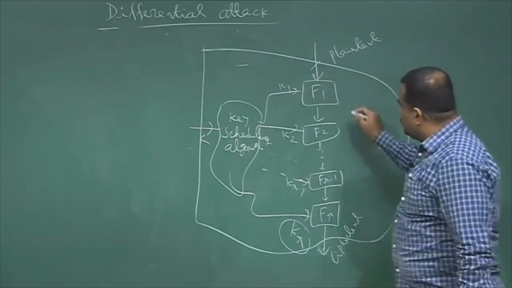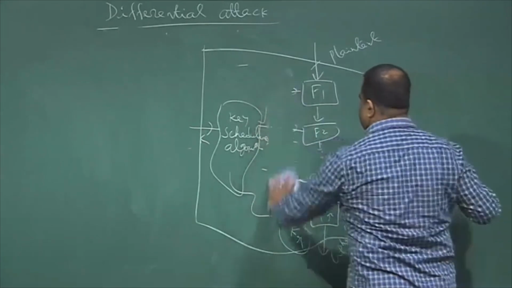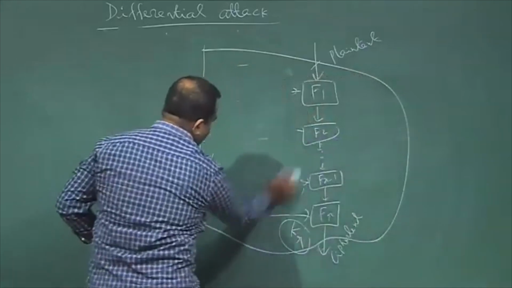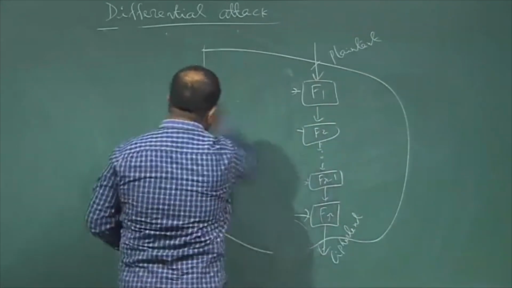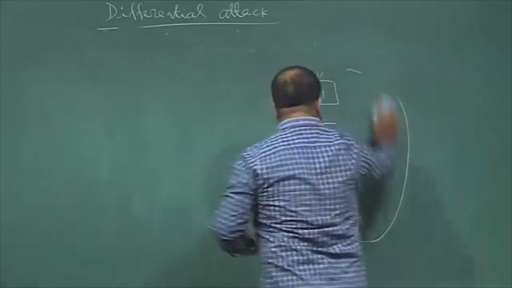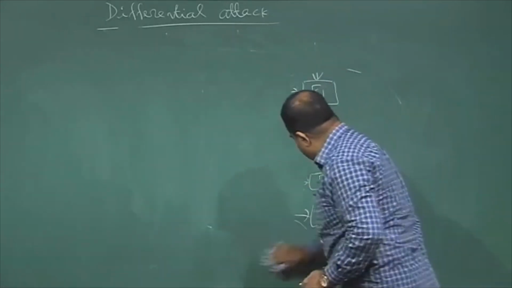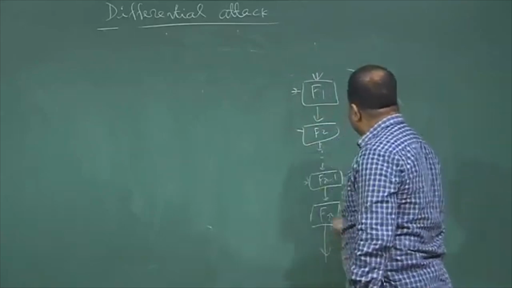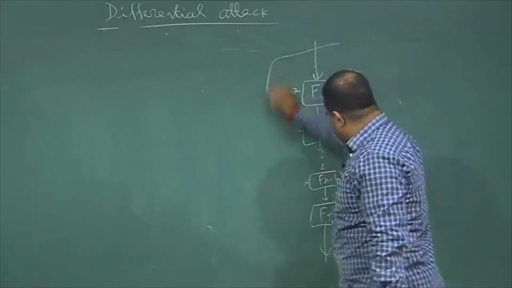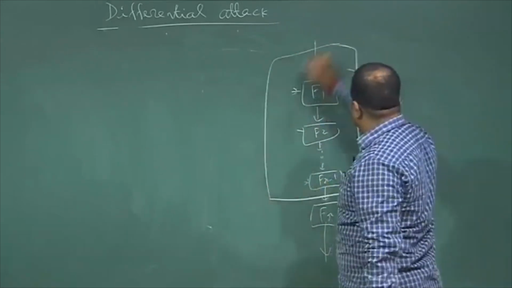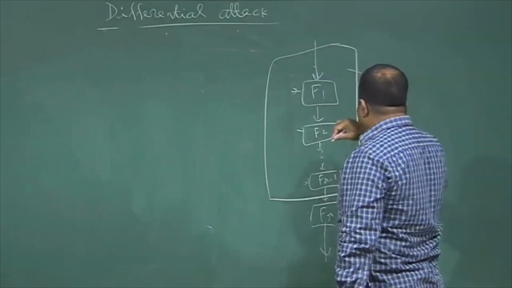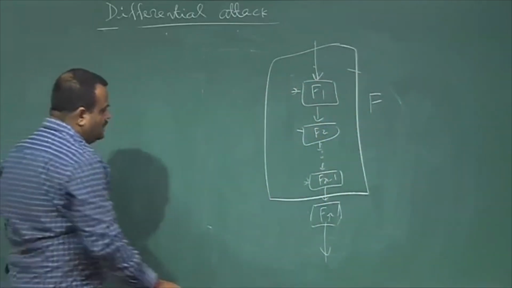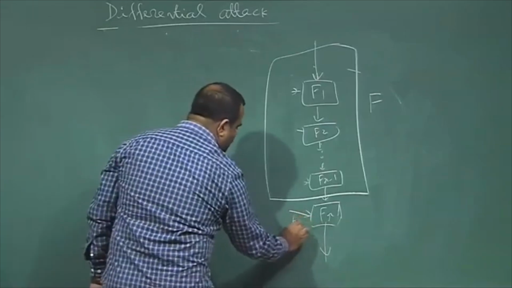Say these are the R rounds. Suppose we denote the first R minus 1 rounds as the capital F function, and this is the rth round, which has KR.